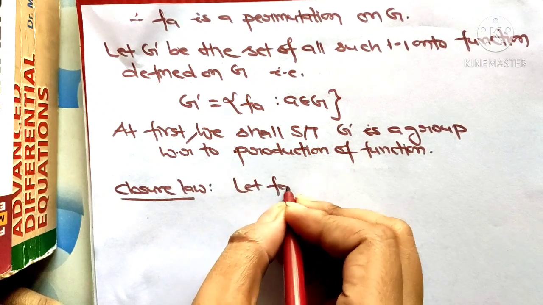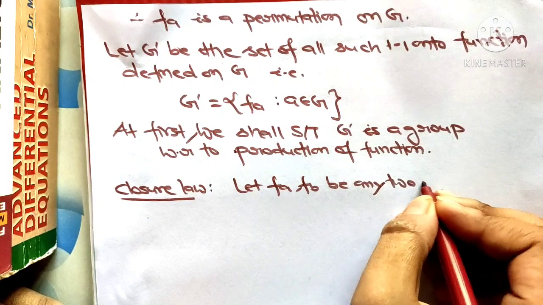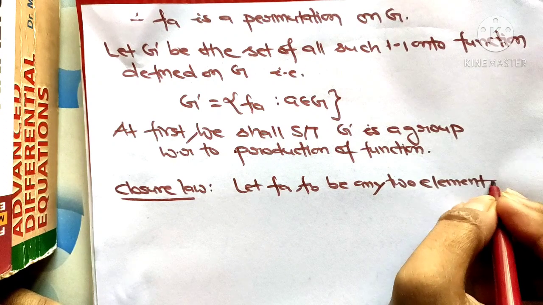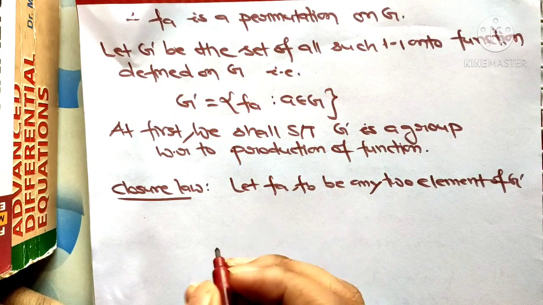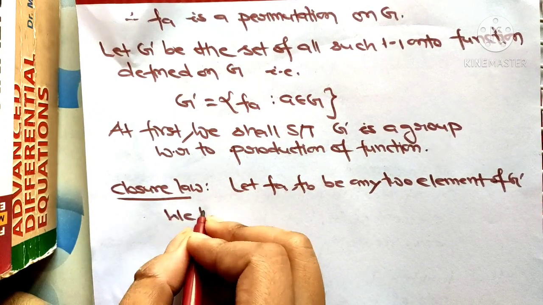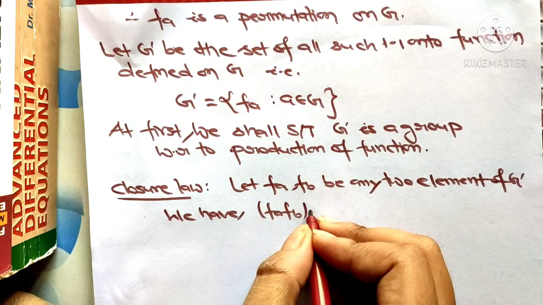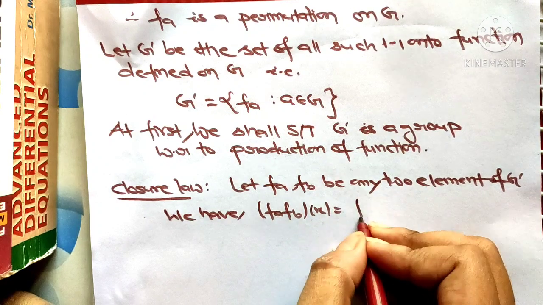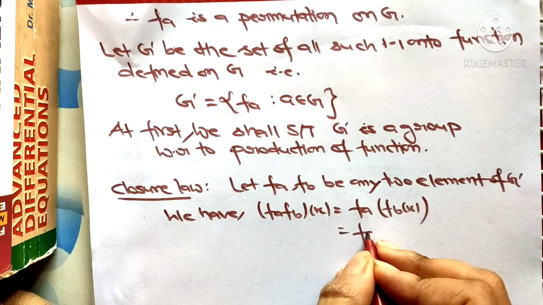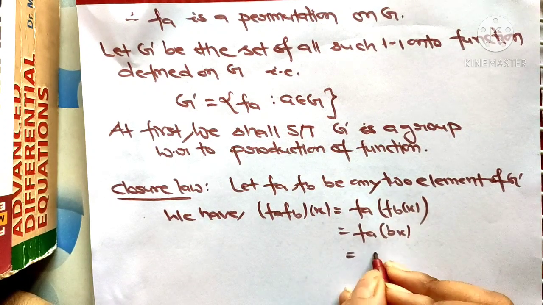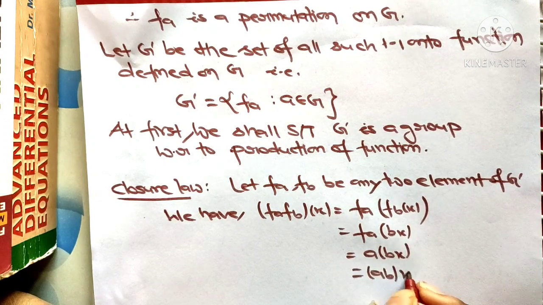Let f_A and f_B be any two elements of G dash. So we have to prove this by applying the binary operation: f_A f_B(X) = f_A(BX) = A(BX) = (AB)X.